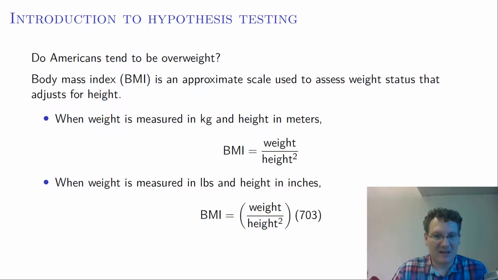Remember, the body mass index is the weight over the height squared, in kilograms over meters squared. If you have it in pounds and inches, you can just multiply by 703, and that will be the conversion to kilograms over meters squared.